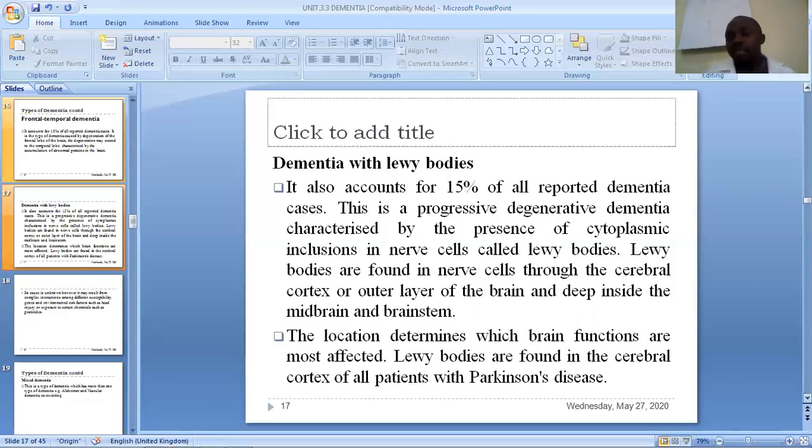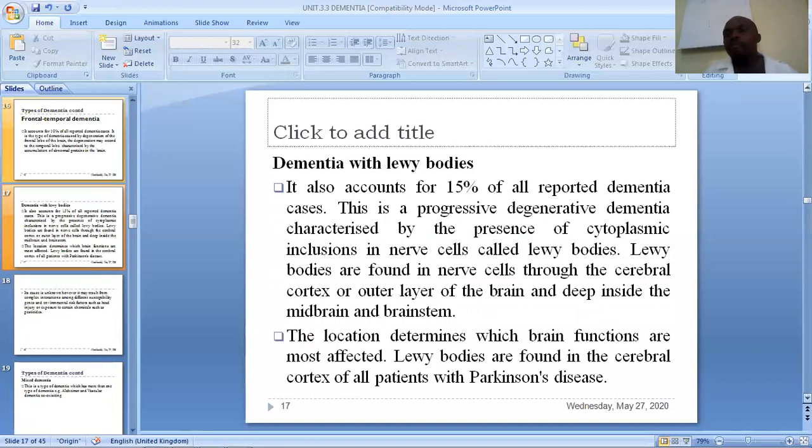These are actually proteins. Lewy bodies are found in nerve cells through the cerebral cortex or outer layer of the brain and deep inside the midbrain and brainstem. The location determines which brain functions are most affected. Lewy bodies are found in the cerebral cortex of all patients with Parkinson's disease.